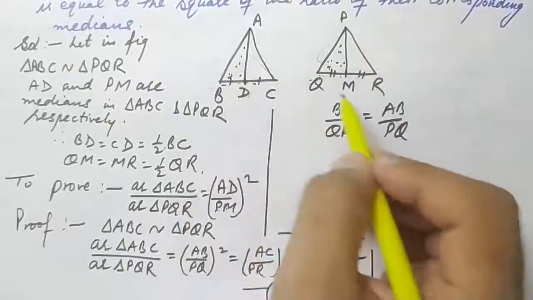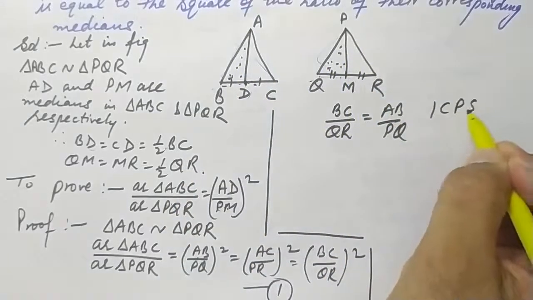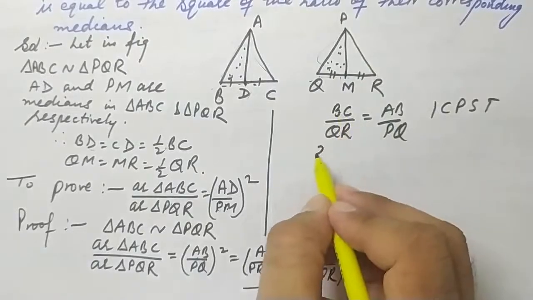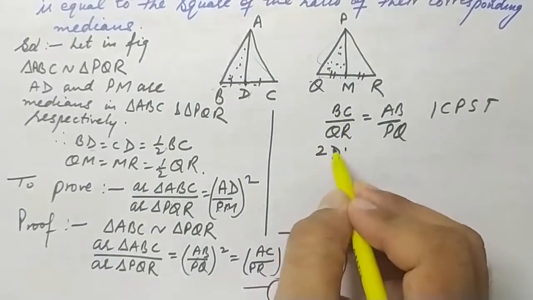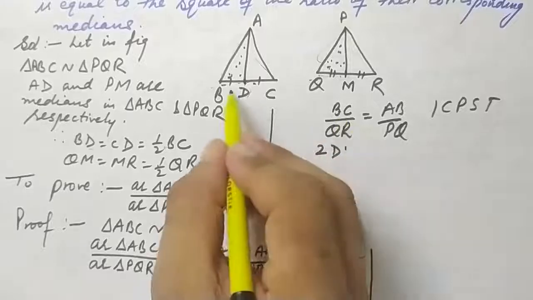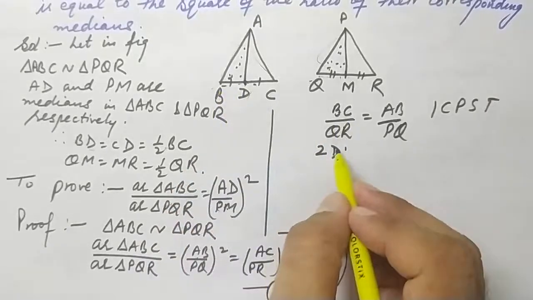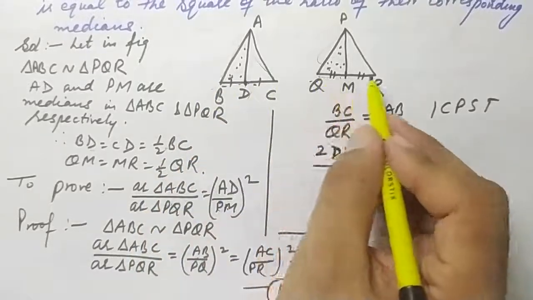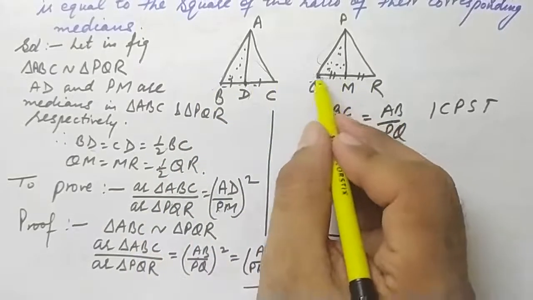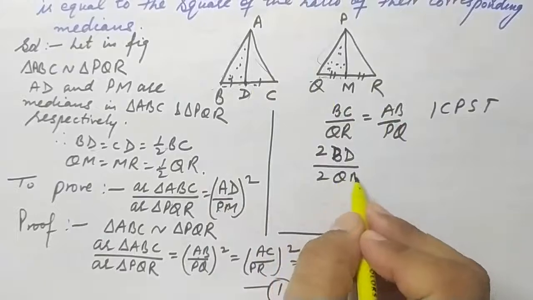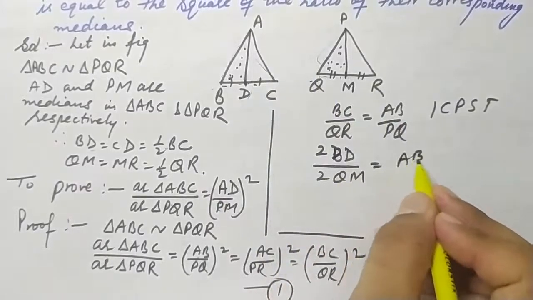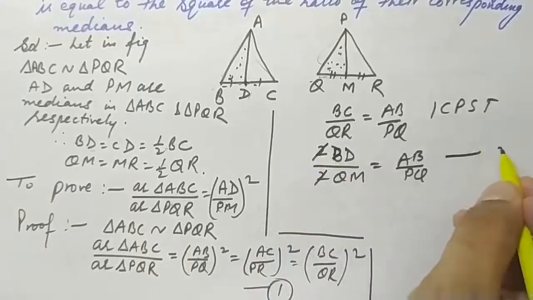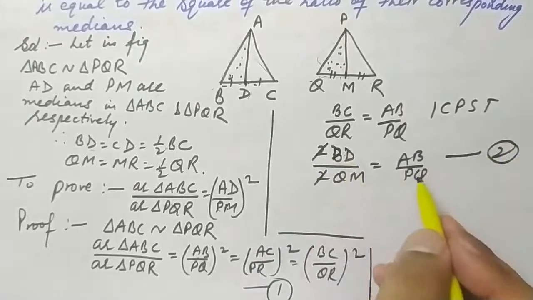Because these two triangles are similar, so by CPST these two ratios are also equal. In place of BC, I'll write double of BD, because BC is double of BD, and in place of QR, I'll write double of QM. So if I cancel double and double, BD over QM is equal to AB over PQ.